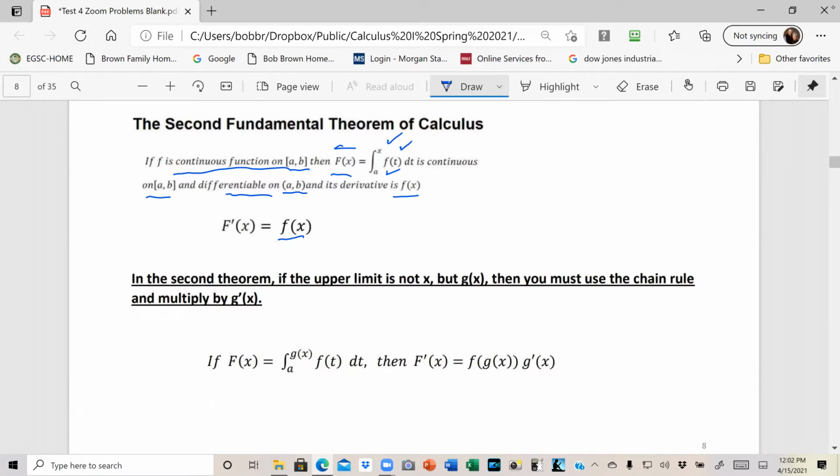That just says capital F prime of x is equal to f of x.